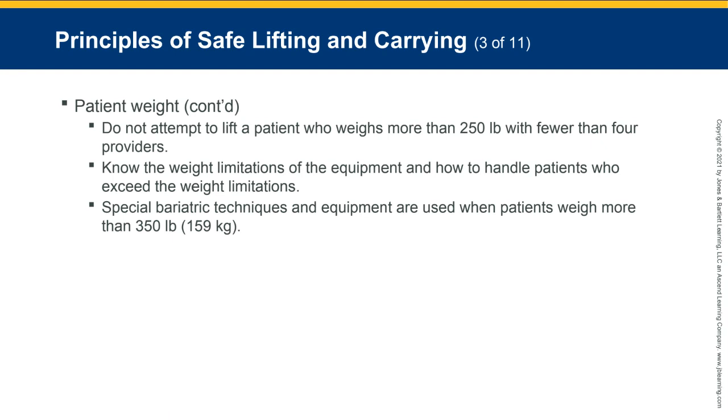So if we go on a scene where a patient is more than what we can manage as a team, we can request a bariatric unit, and they'll come with a special stretcher and other resources that can aid in moving this patient. Might not find that available in Jamaica though. So again, if there's no safe way to do it, don't put yourself at risk. Your personal safety will always come before the patient.